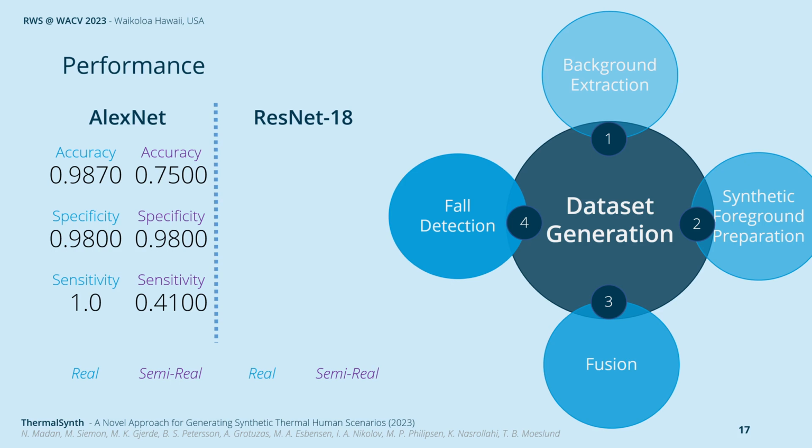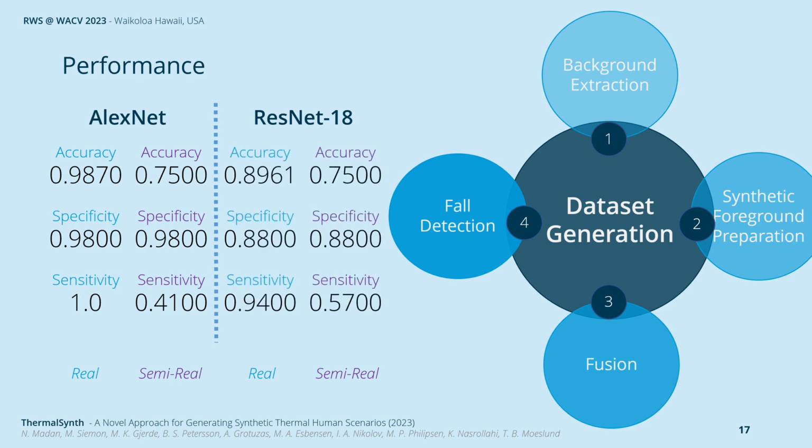When it comes to semi-real data sets, then the accuracy is dropping a little bit, but one could argue that it's still sufficiently high to see this as a promising approach to perform fall detection. And ResNet is performing equally well, one could say, on a global scale when comparing these 2 networks to each other. It is also very important to notice the high specificity and sensitivity values that we reach here.